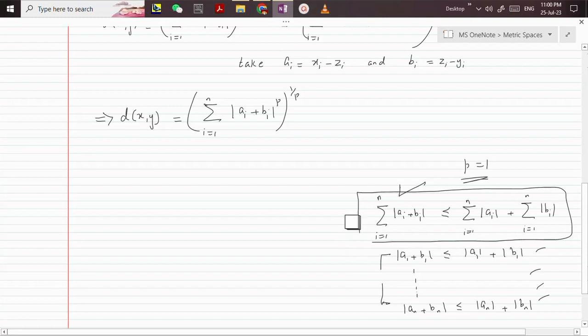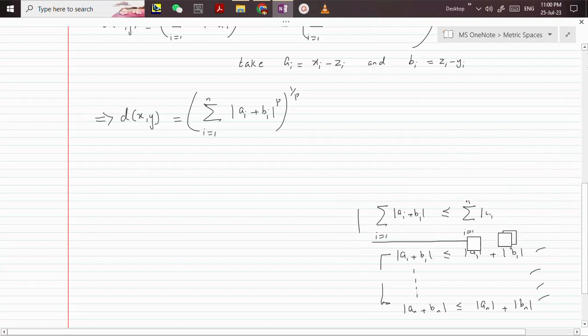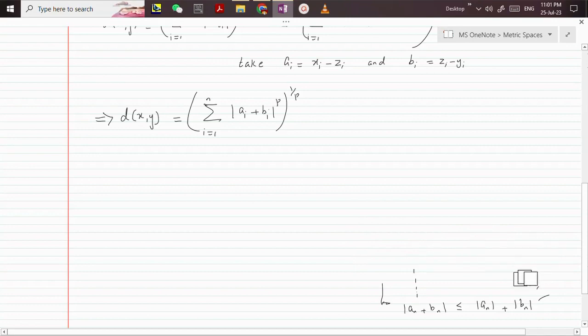Now, what is the result for p greater than 1? Here for p greater than 1, we shall prove that d(x,y) is less than or equal to d(x,z) plus d(z,y).